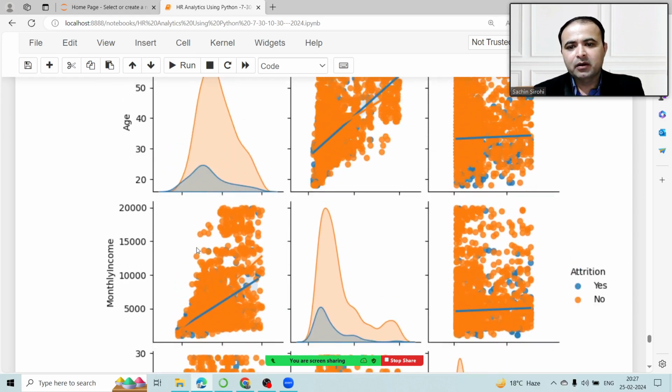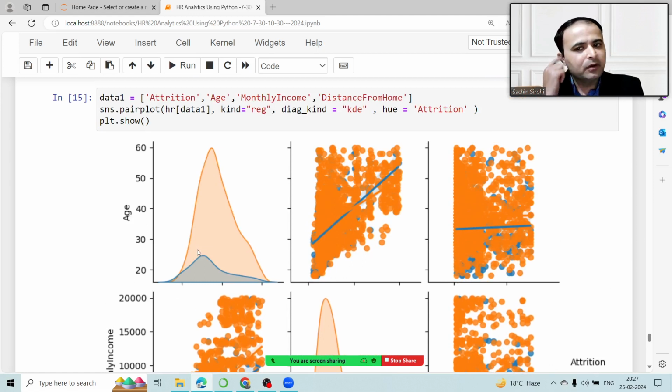But attrition also depends on age, no. When your age is about 20 to 25, the attrition is a little bit high, but there are no dependencies, like you can say there's some trend in the data.